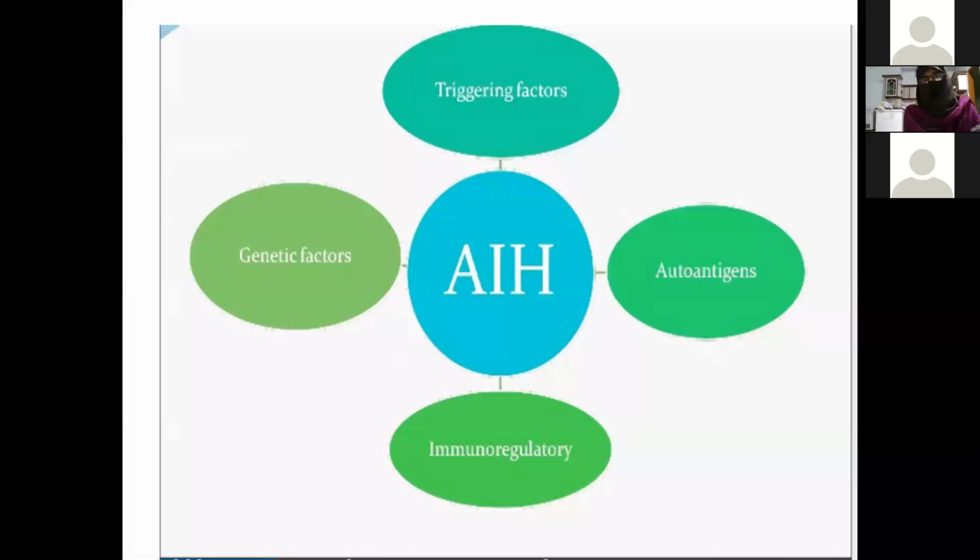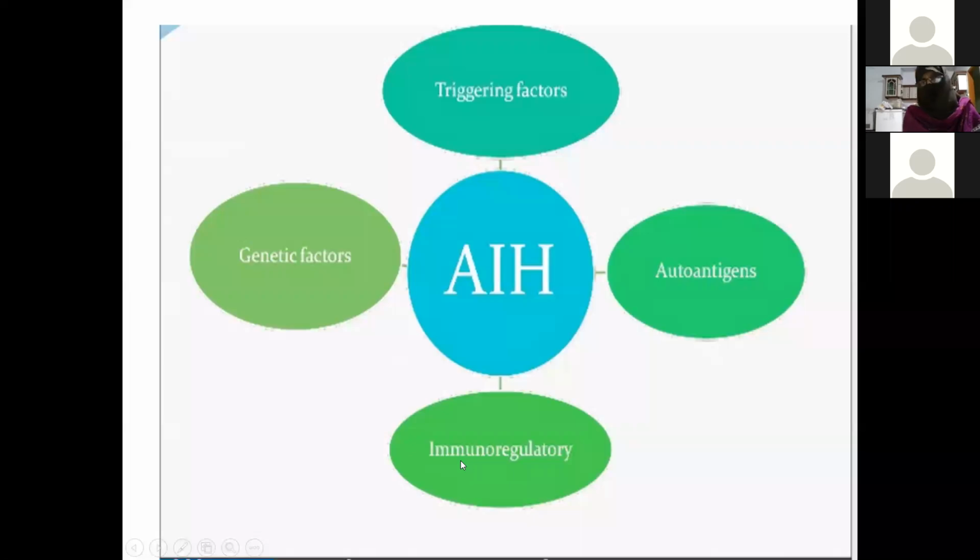So basically any of them can lead to the initiation of the immune mediated process. Then autoantigens, like some of the antigens of the human body are more prone in some individuals than in others. Then there are few changes in the HLA types, and then a slight difference in the immune regulatory system.